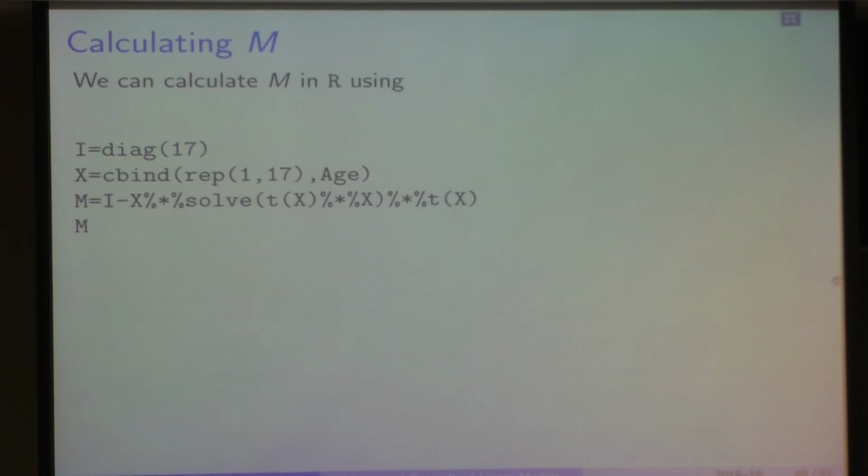So that definition there, we've defined X using the function cbind, which just gives us a row of ones and the ages, and then M here we've defined in exactly the form that's here, but with this %*% to indicate matrix multiplication.